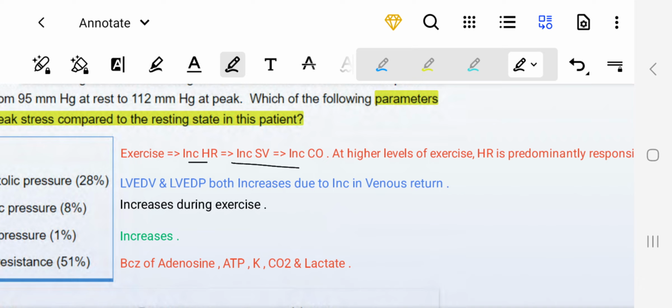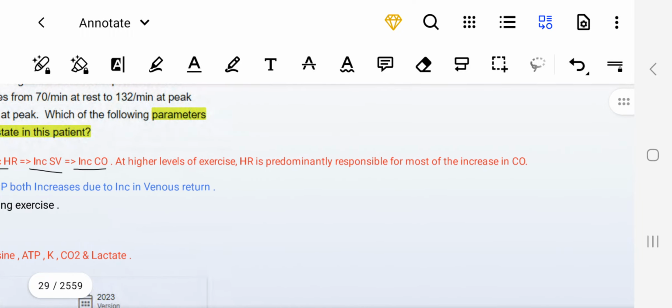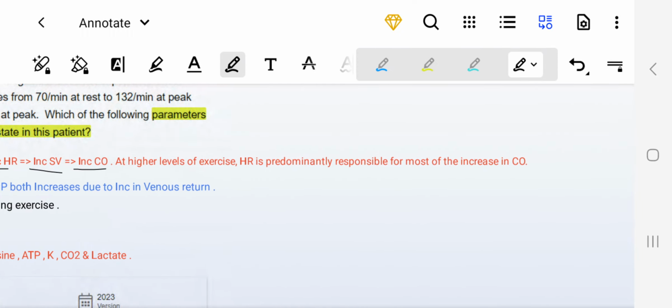One thing you should remember: at a higher level of exercise, heart rate is predominantly responsible for most of the increase in cardiac output.